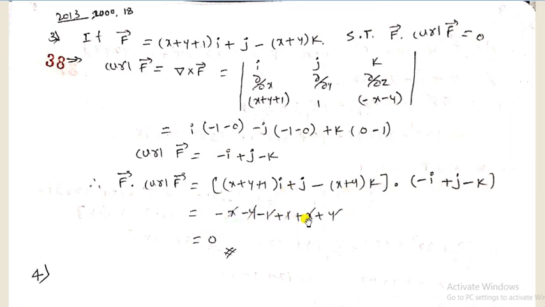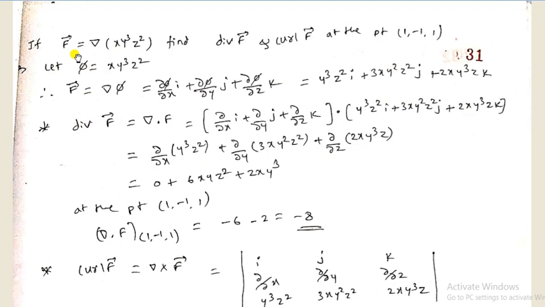So minus x plus x, minus y plus y, minus 1 plus 1 cancel out. So finally we get the result of vector f dot curl of vector f is 0.